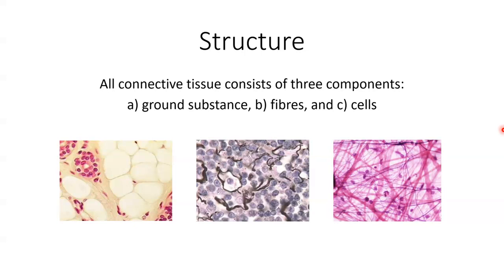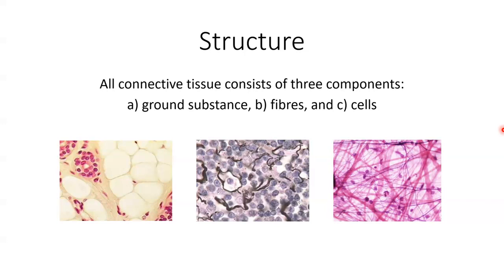The exception of blood contains ground substance and cells, but because it's a fluid, it doesn't contain those fibers, so it lacks fiber. The relative amount and composition of each component, so of the ground substance, the fibers, and the cells, will be different depending on the function of that connective tissue.